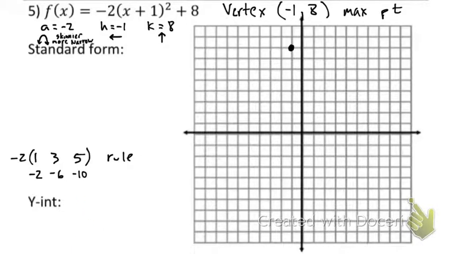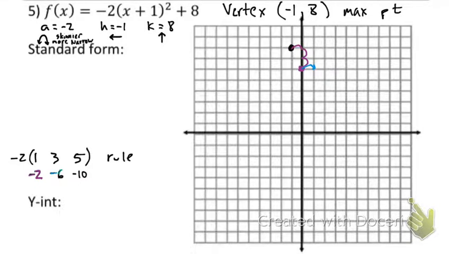So let's watch how this gets done. Okay. So over 1, which means I have to go down 2 because it's negative. So 1, 2, put a dot. Now we go to the next one. Over 1 again, from here, over 1. And now we use our rule.